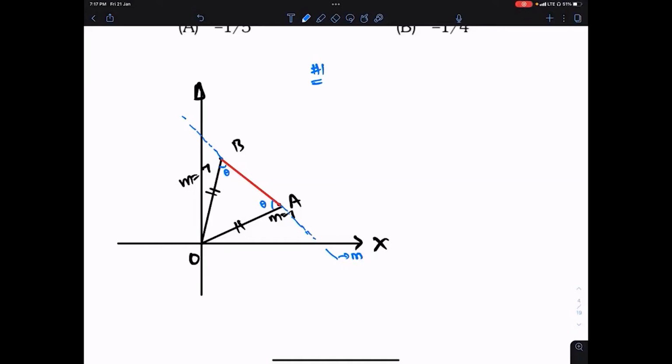So the angle between AB and OA must be the same as the angle between AB and OB. So tan theta equals tan theta. Since the angles are the same, the tan of that angle will also be the same. Then you use the formula for the angle between two lines if slopes are given. Actually, the slope of AB is not given, but you can write it in terms of m. So this one will be in terms of m, and this one will be in terms of m. You have to solve it. Bit lengthy.